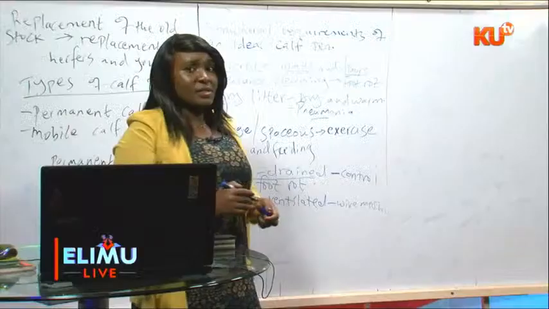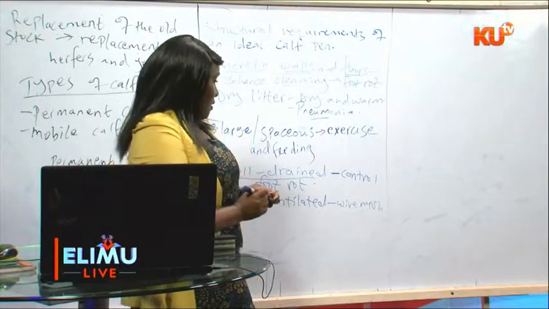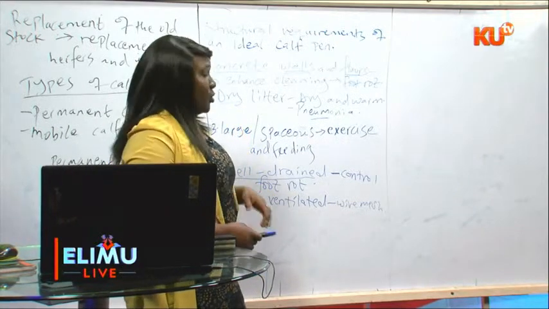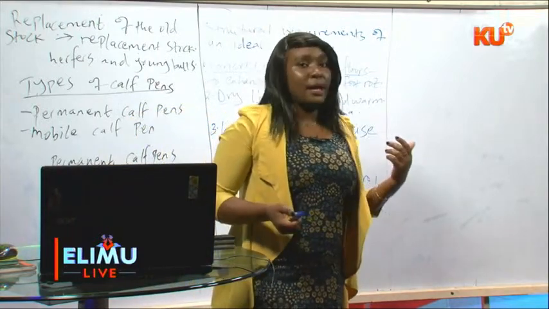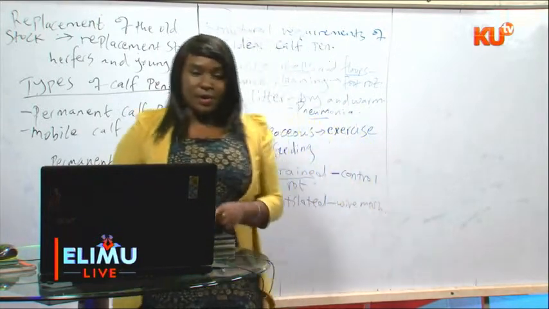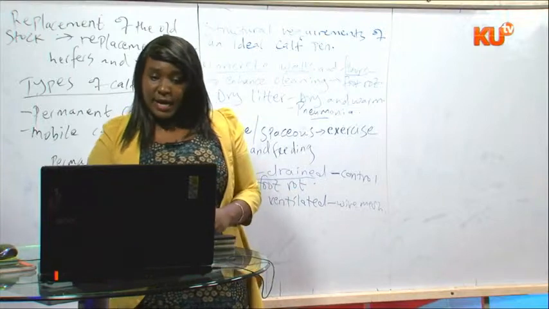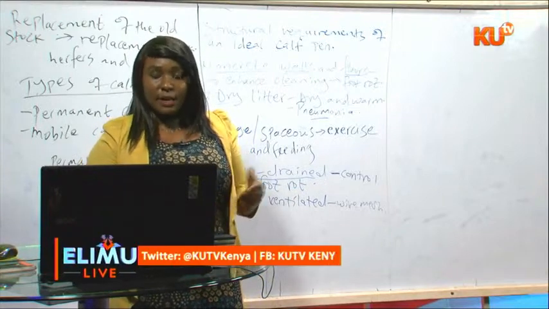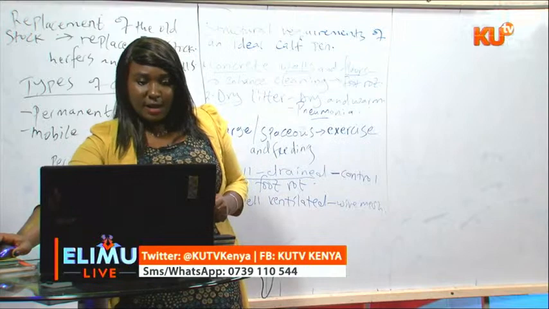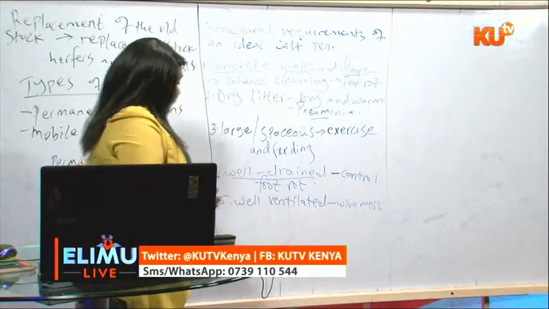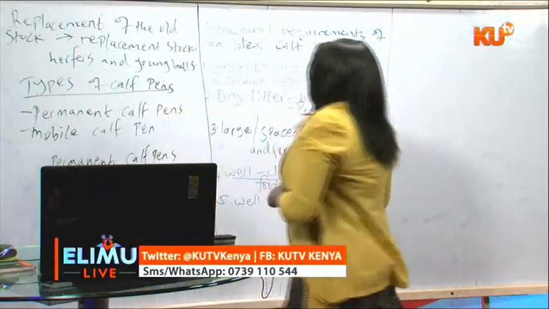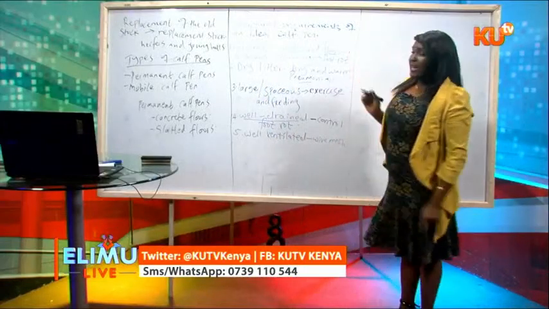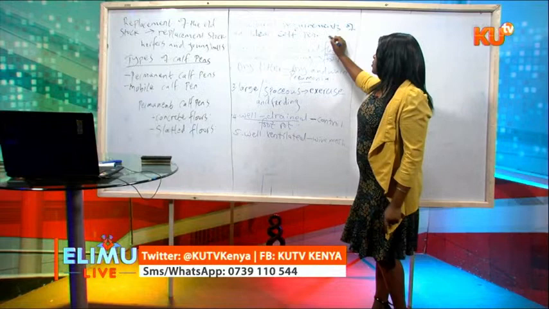The ventilation boosts the immunity of the animals because there is free circulation of oxygen into the body of the cows. So a well-ventilated calf pen is an ideal one for the growth and for the rearing of these animals. So we are at point number 5. And so far, we said that this is an essay question that can earn you up to 16 marks.